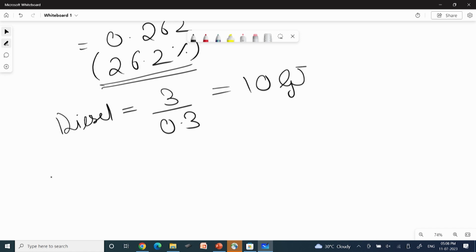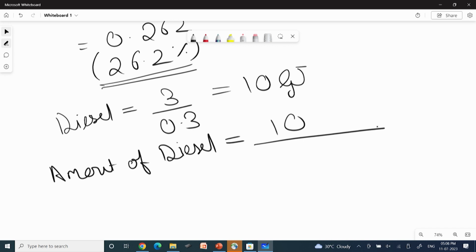And the amount of diesel, if I go with that, would be the 10 gigajoules divided by the calorific value of diesel, which in this case I have assumed to be 9700 kilocalories per kg.